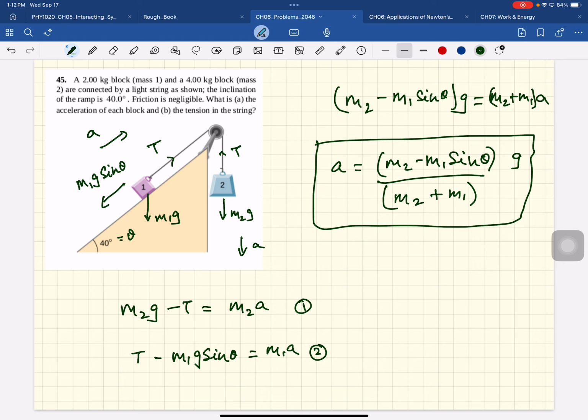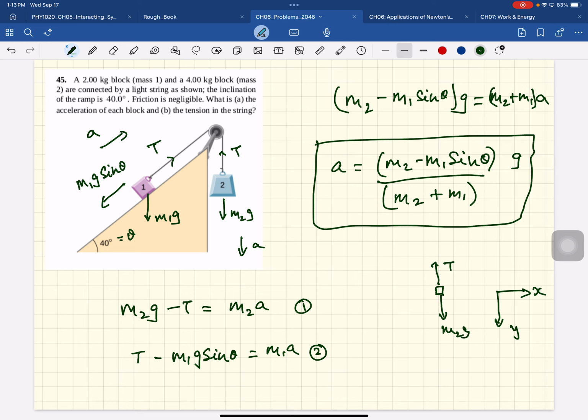So for this equation, I'll draw this object. There is M2. There's my y-axis, x-axis. There's M2g.